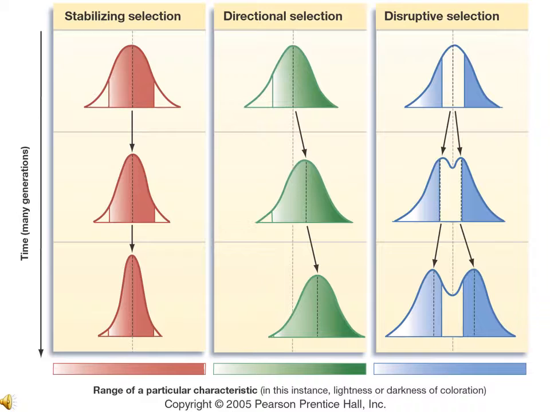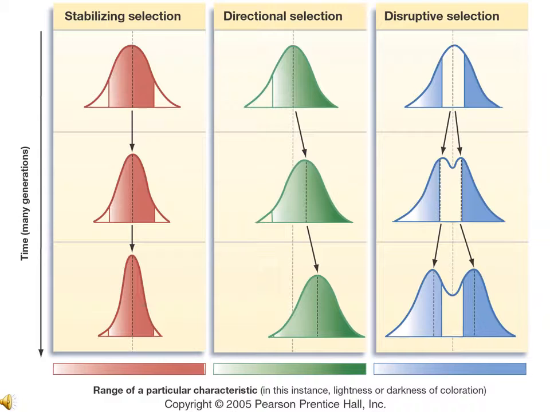In stabilizing selection, a population can be looked at to your left as you start off with a broad curve and end up with something towards the middle. In directional selection, we can look at characteristics that tend to move either to the left or to the right.